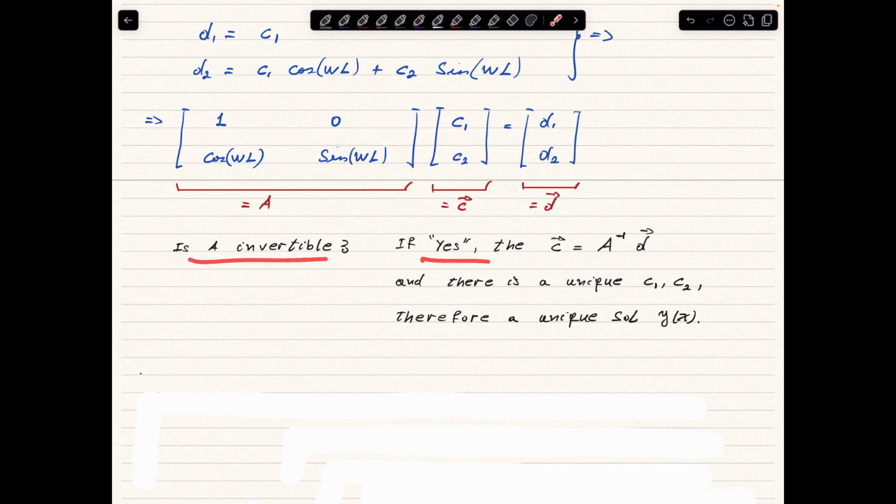If it's invertible, then we can solve for the constants, and there is a unique solution for the constants, and therefore a unique solution for y. Is that matrix invertible? Well, we need to compute the determinant of that matrix, but the determinant is the product of these two coefficients minus 0. So it is the sine of omega L.